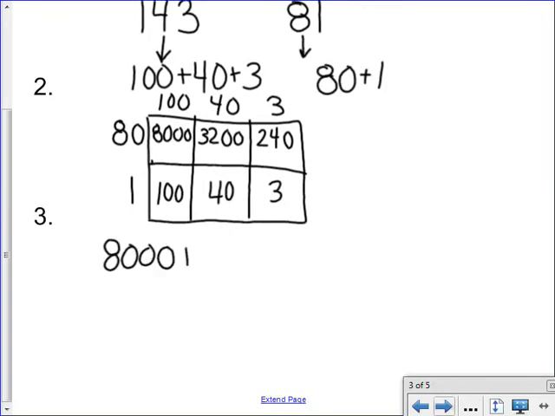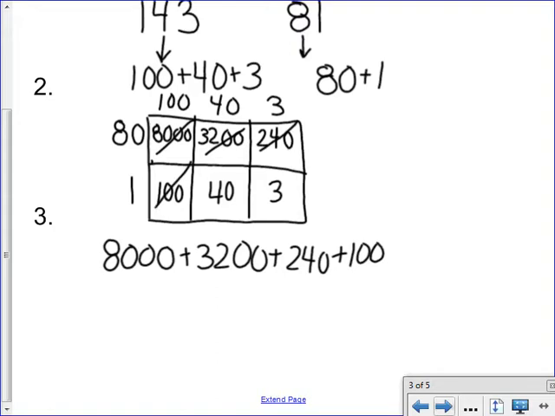So 8,000 plus 3,200 plus 240 plus 100 plus 40 plus 3. Once again, I'm going to line those all up if I don't have my calculator to do it for me.